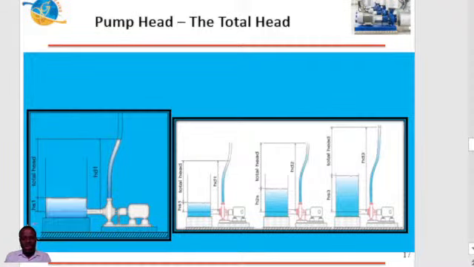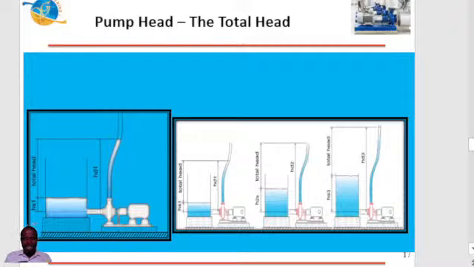So now, increasing the level of the liquid in the suction tank will give rise to increased head, like I mentioned. And at the same time, decreasing the level will give rise to a lower head. So pump manufacturers and suppliers often won't tell you how much head a pump can produce, because they cannot predict what the height of the liquid in your suction tank will be.